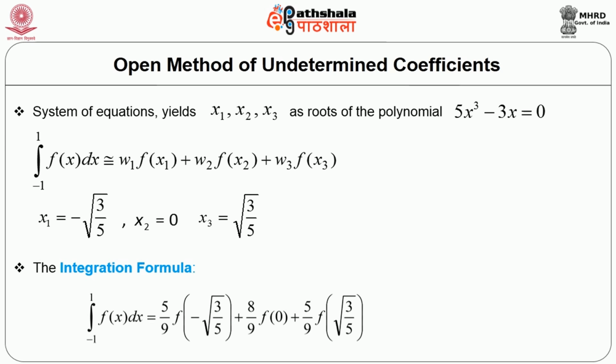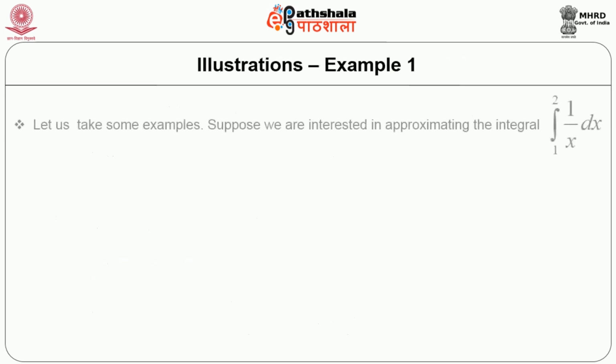Once we know these, substituting back in the 6 equations derived, we get the weights as w1 equal to 5 by 9, w2 equal to 8 by 9 and w3 equal to 5 by 9. And so, our integration formula becomes integral from minus 1 to 1 of f(x) dx as 5 by 9 f at minus root 3 by 5 plus 8 by 9 f at 0 plus 5 by 9 f at root 3 by 5.